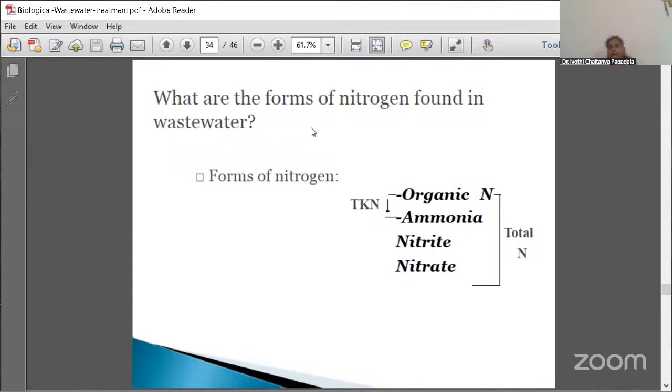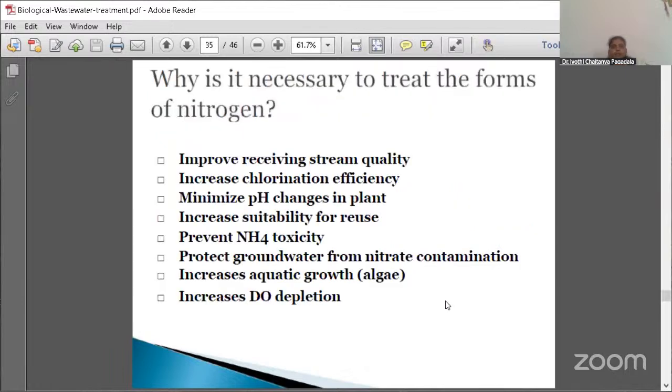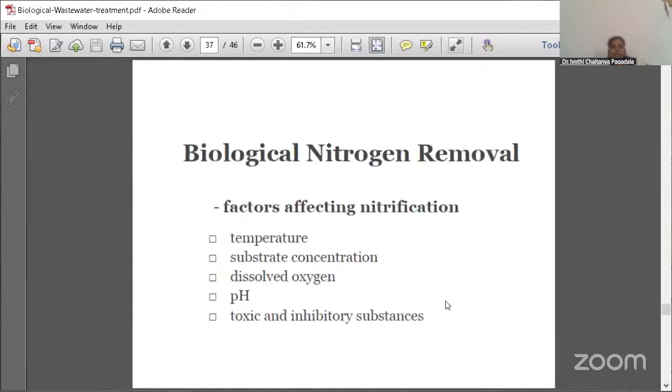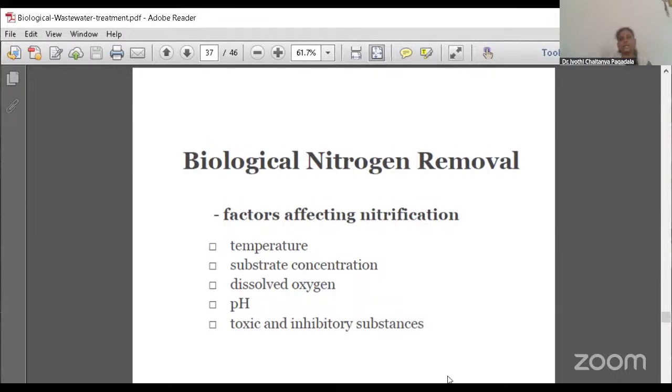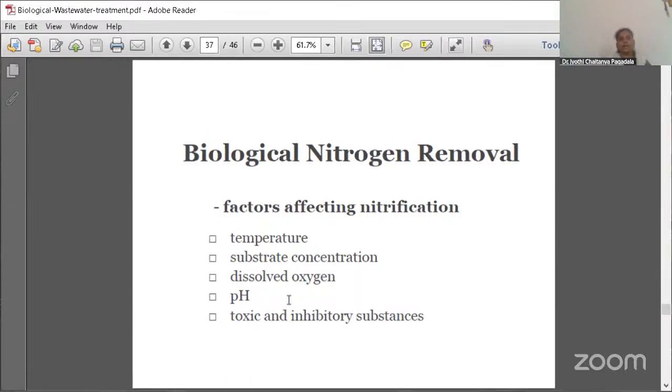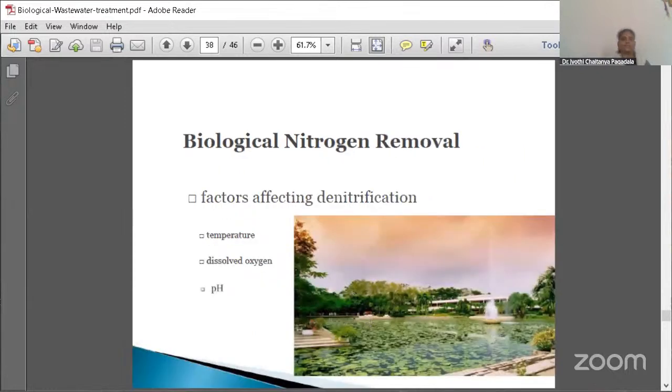These are the forms of nitrogen found in wastewater: organic nitrogen, ammonia, nitrite, and nitrate. Biological nitrogen removal happens through biological material, and the factors that can affect nitrification are temperature, substrate concentration, dissolved oxygen, pH, and toxic and inhibitory substances.